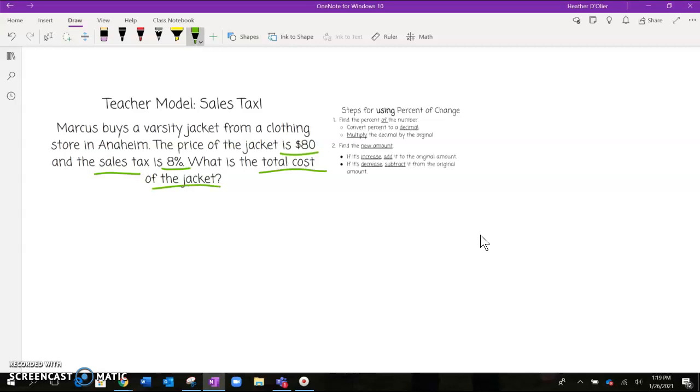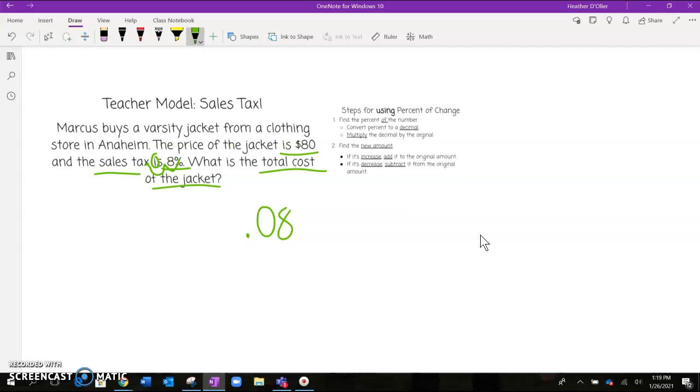I'm also going to use my steps as well as expressions to help me solve this one. So I need to find the percent of the number. That 8%, move it once, move it twice, we've got 0.08. That's what 8% as a decimal is. I need to multiply the decimal by the original cost of that jacket.